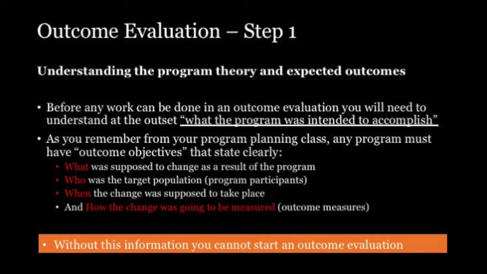Without a clear and established outcome objectives for the program, we cannot conduct an outcome evaluation. If we don't know what the program's outcomes were supposed to be, we cannot evaluate anything. So this is the basic step, even before you agree to conduct an outcome evaluation, is to know what the program outcomes were.